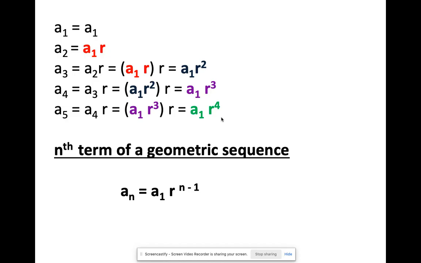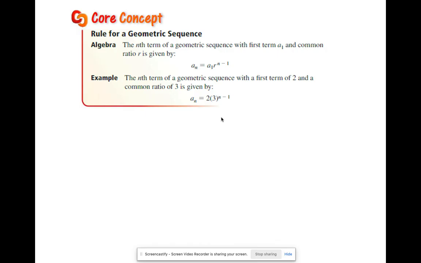That's the formula. Notice this is in your textbook with an example. The nth term of a geometric sequence with first term 2 and a common ratio of 3 is given by 2 times 3 raised to the n minus 1. So the first term a sub 1 is 2, r is 3.